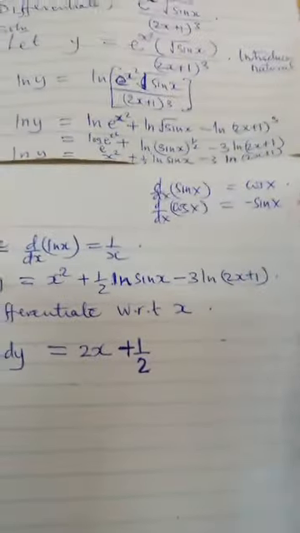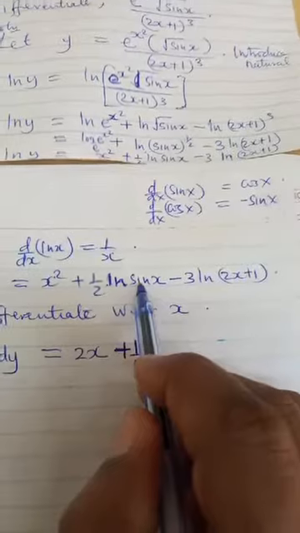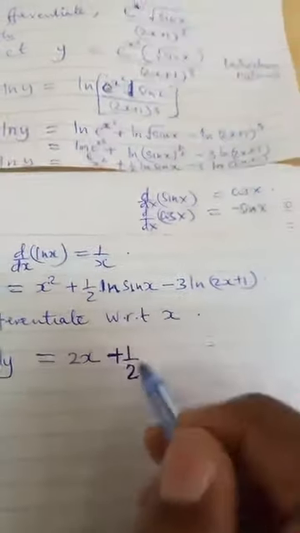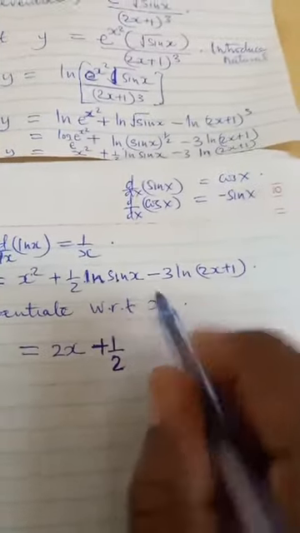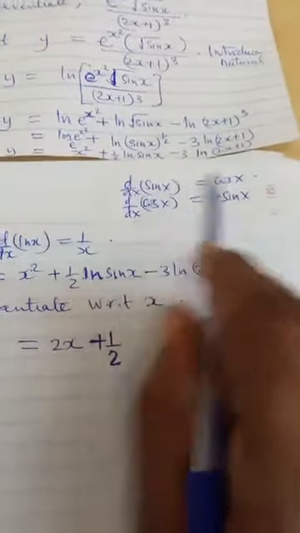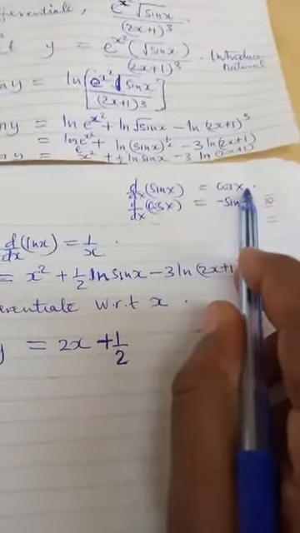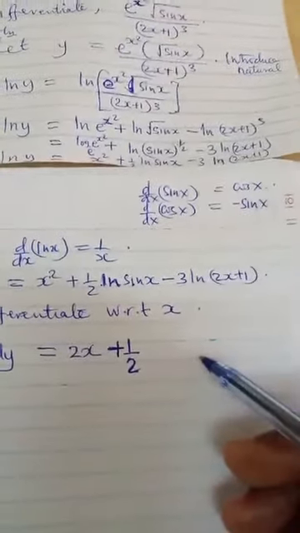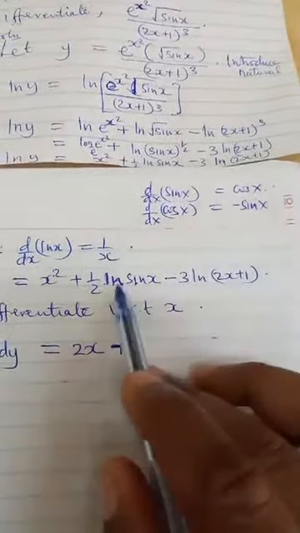So if we differentiate this, since it is a natural log, it will give us the cos. The derivative of sine gives us cos. So it will have that over sine, the derivative of the ln will give us that.